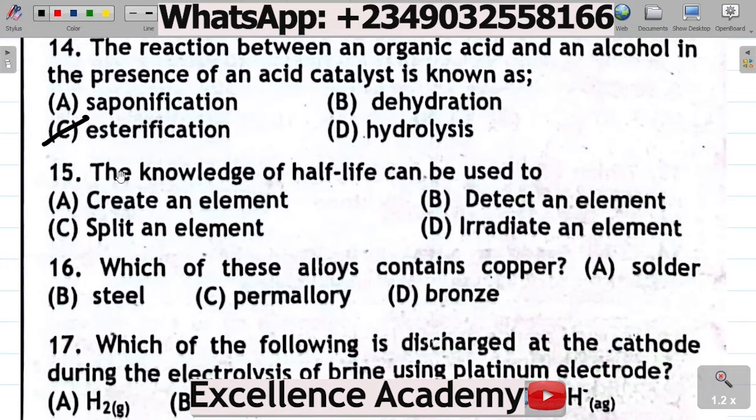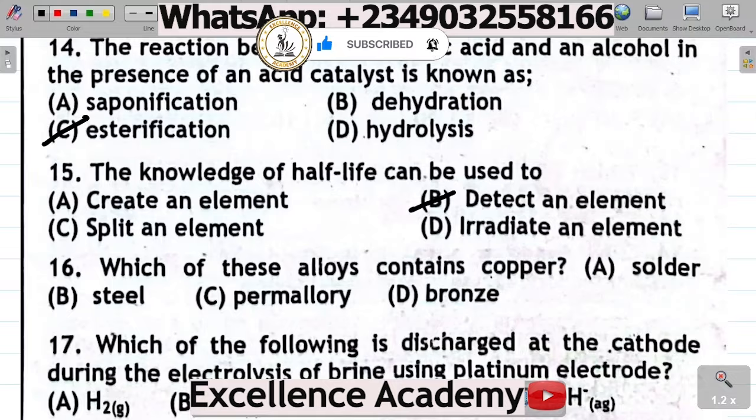Question number 15. 15 says the knowledge of half-life can be used to A, create an element, B, detect an element, C, split an element, D, irradiate an element. Now, for this question, the correct answer there is B, detect an element. All right.